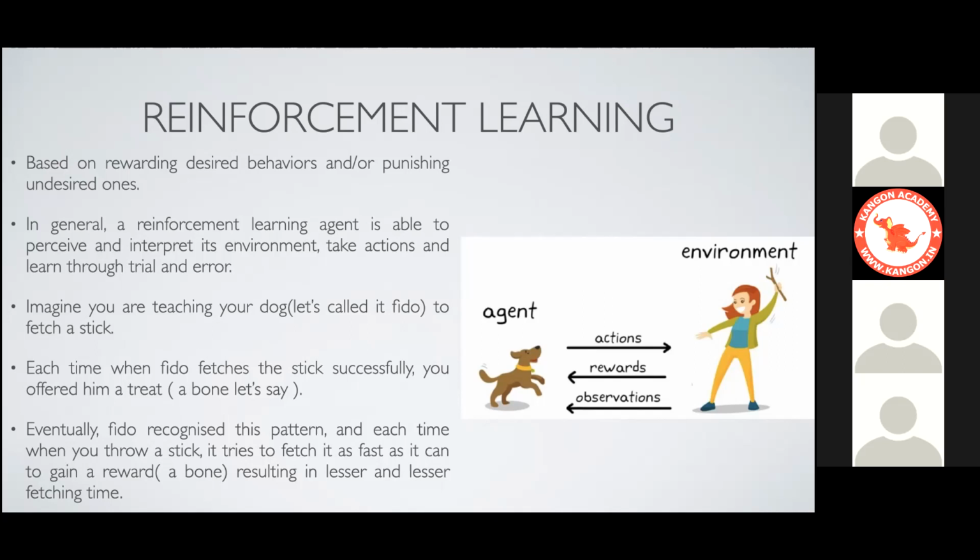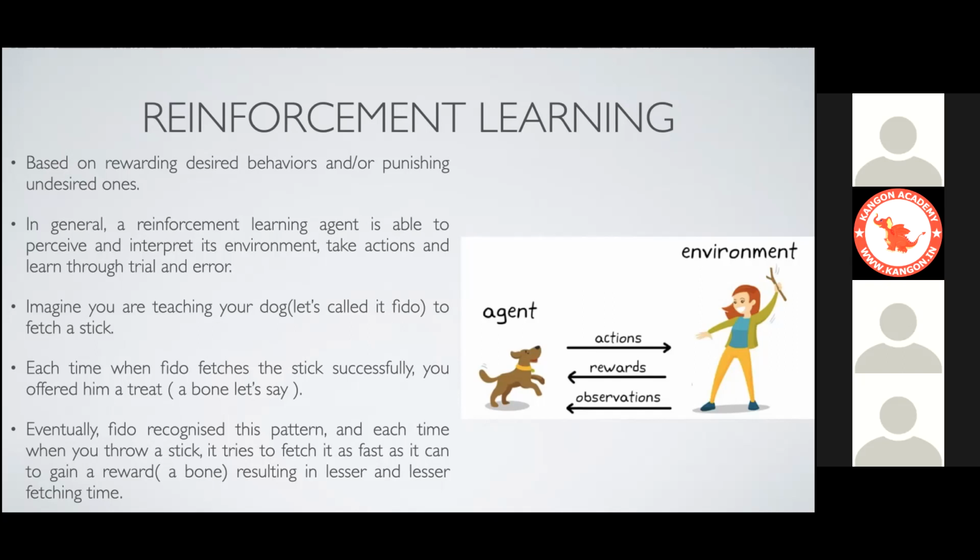So whenever you throw it, it tries to fetch it as fast as it can, resulting in less and less fetching time. This is what reinforcement learning is all about.